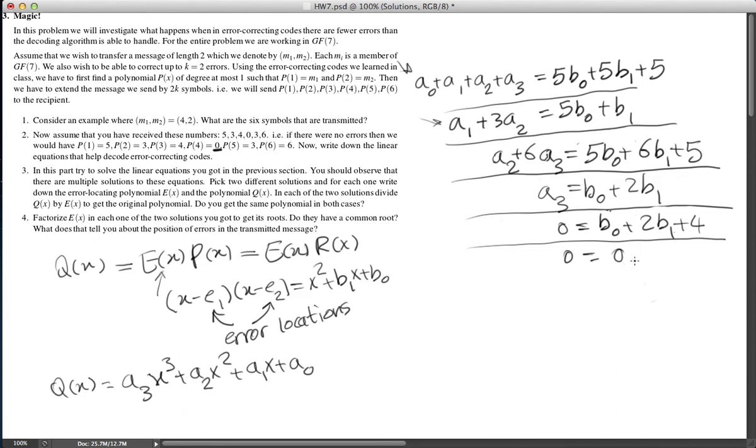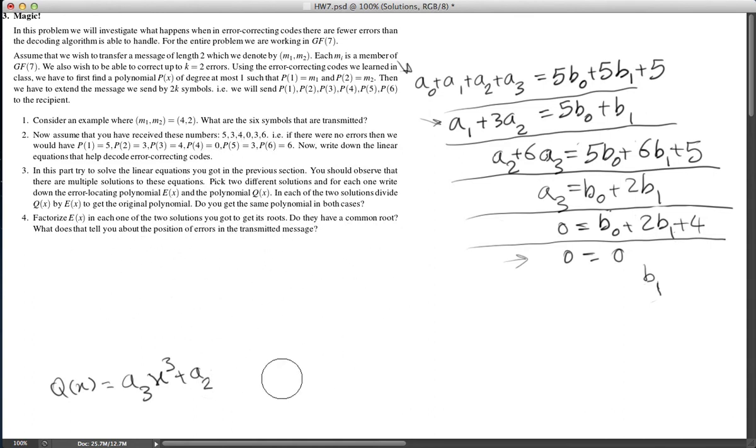This is because in the last step of the equation, whatever value we choose for b1, we are going to get this equation satisfied. So for every value of b1, we are going to have a set of solutions. All right, so let's go ahead and create 2 solutions as required by the problem statement.